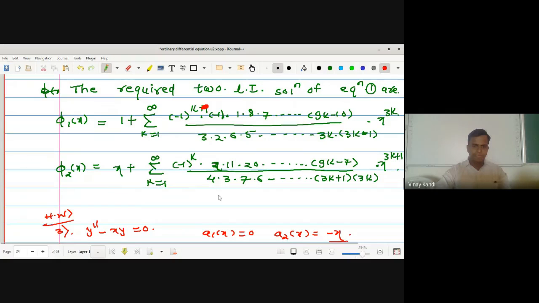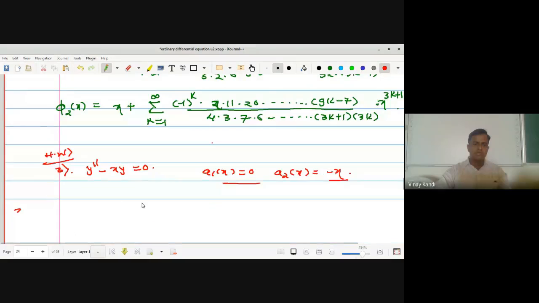Okay, now any doubt? Can you hear the voice? Yes, sir. Have you solved this example? What generalization came out of it? What is C3k? Check what you get. C3k is equal to C naught upon 3 into 2 into 6 into 5, up to so on, 3k into 3k minus 1.